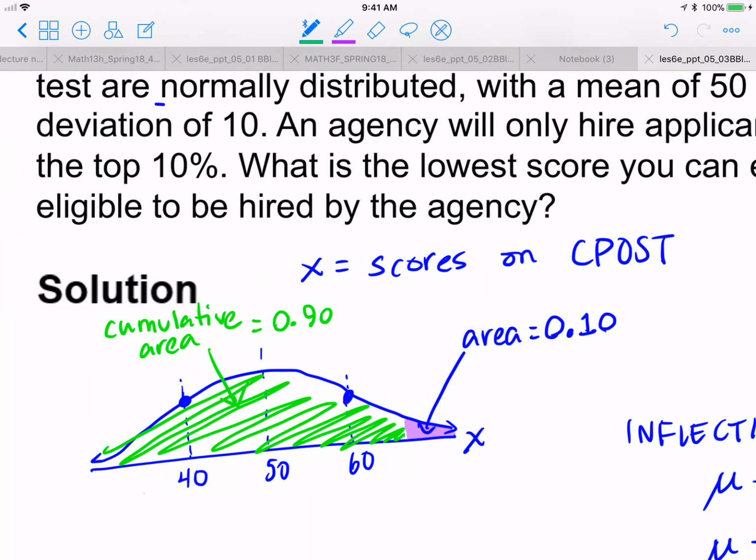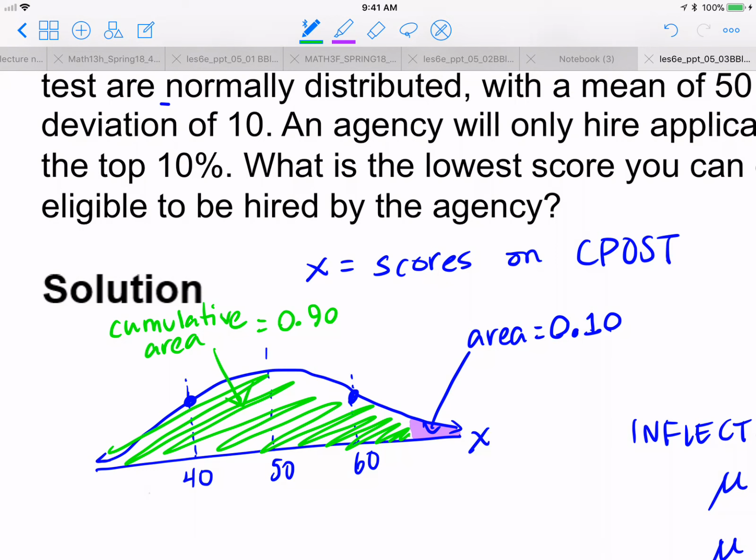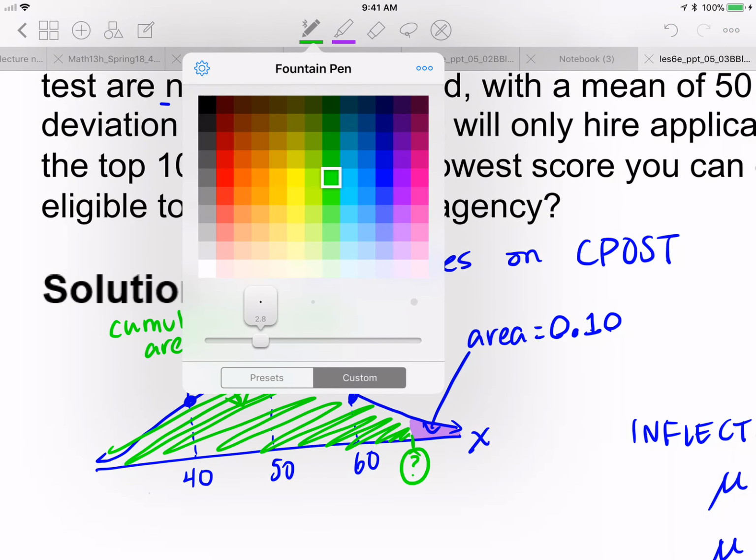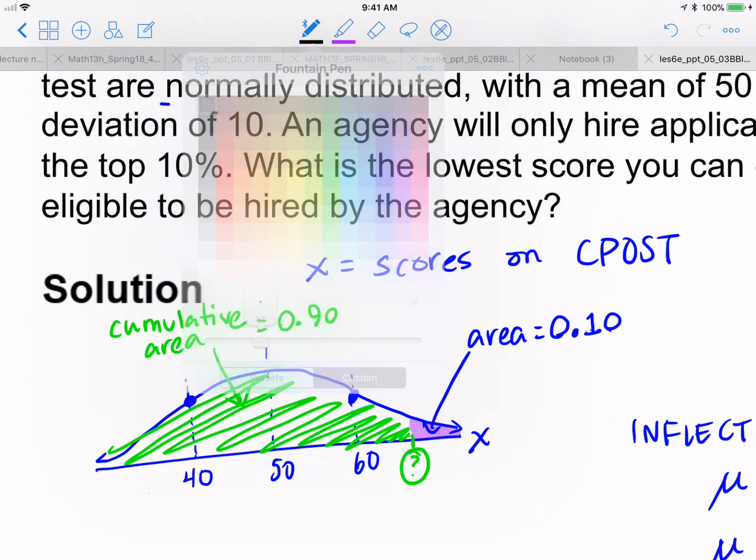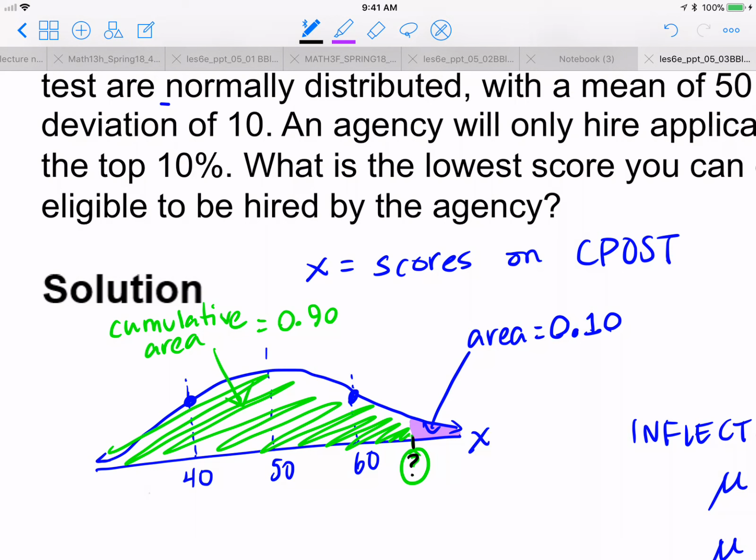Because remember, when we add up the area plus the cumulative area, the sum should be 1. So our goal is to figure out the borderline score that will lead you to be scoring better than 90% of the people.